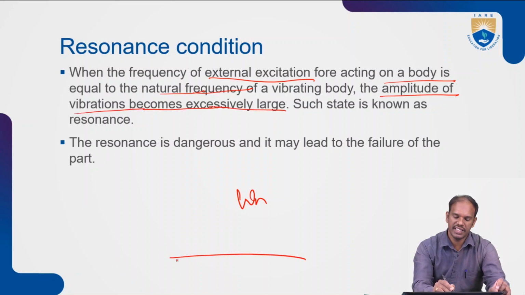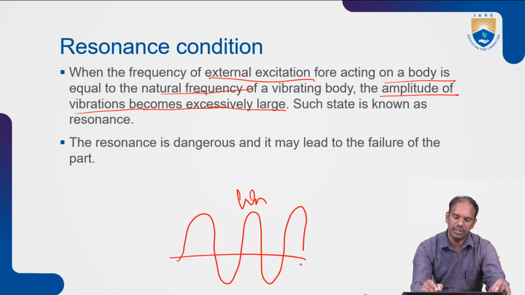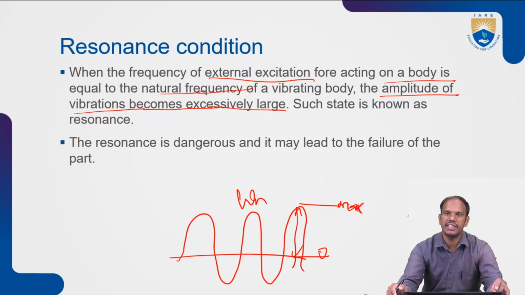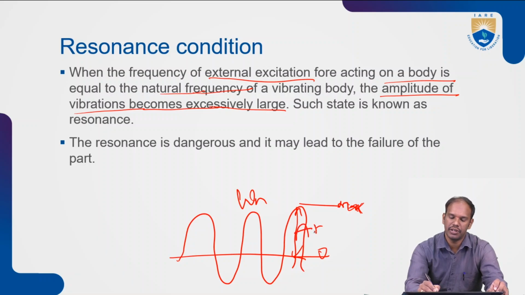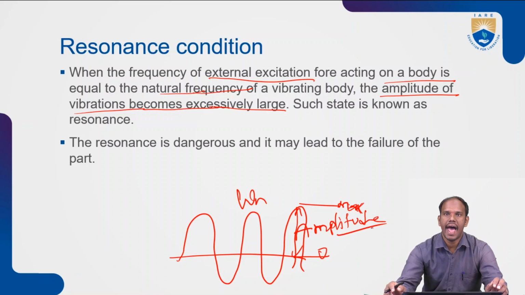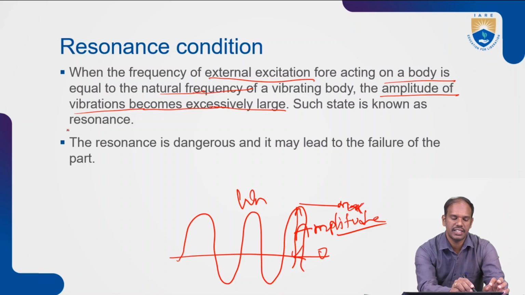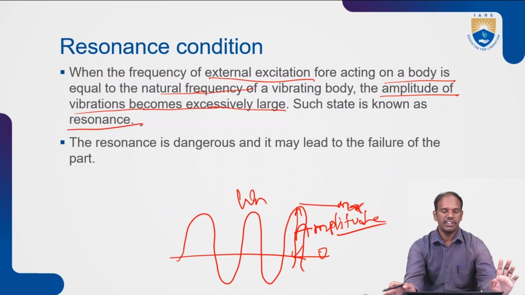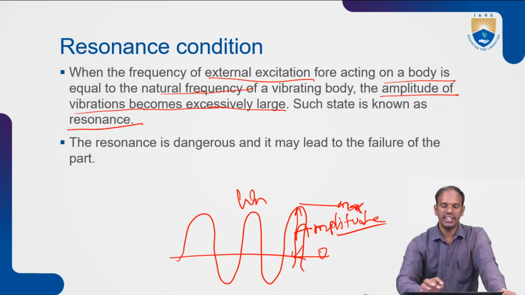So we have been seeing the amplitude, which is the distance from 0 to the maximum. When this amplitude becomes excessively large, it is known as resonance. Once an external force acts on a body at its natural frequency, the amplitude will become very large.